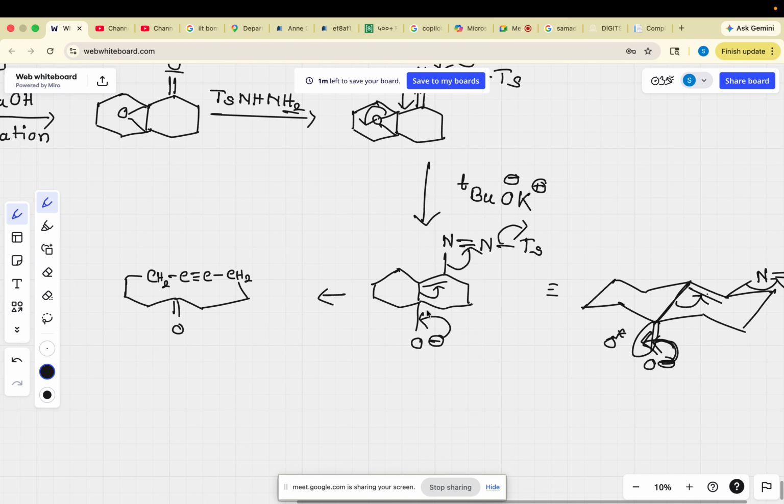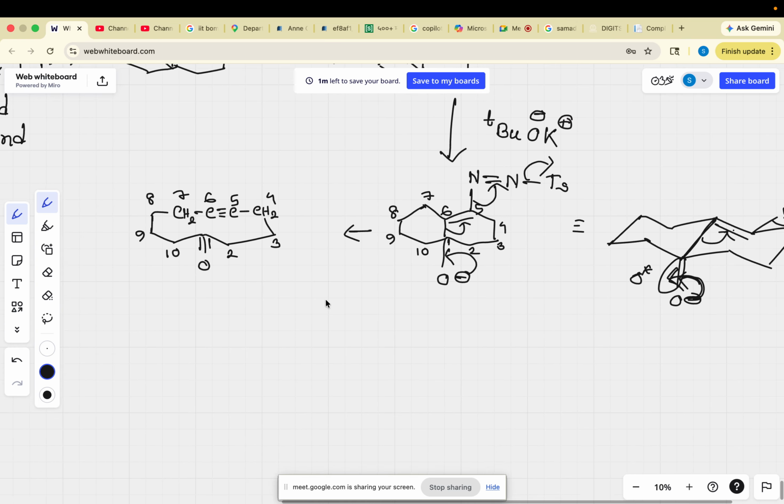Check one time, check from here. So suppose I am starting from here. 1 2 3 4 5 6 7 8 9 10. Start from here, 1 2 3 4. Triple bond is between your 5 and 6, so I am getting 5 6 7 8 9 10. Yeah, correct. So triple bond is forming here.